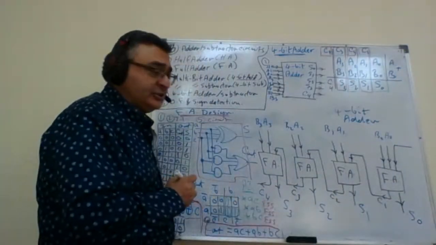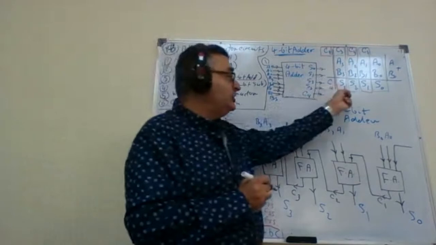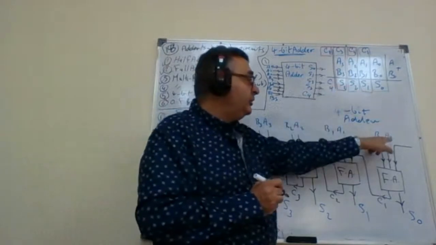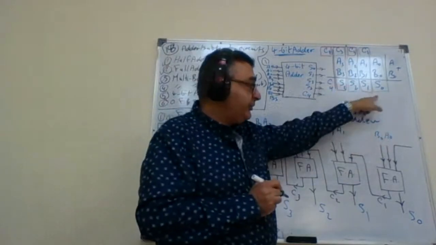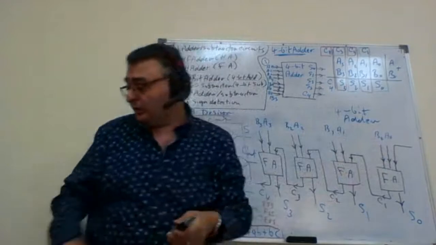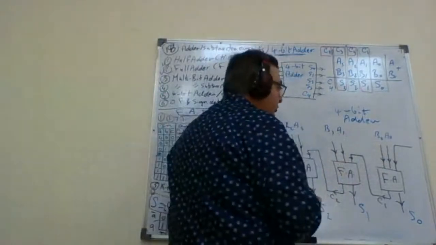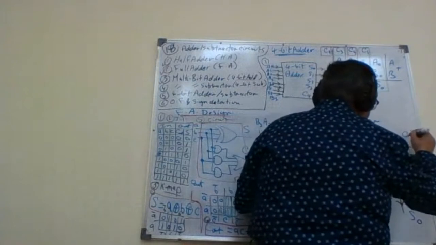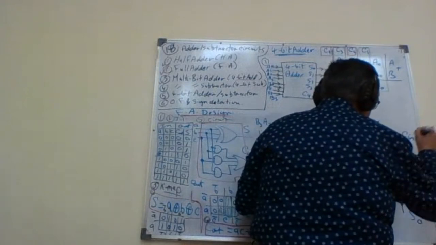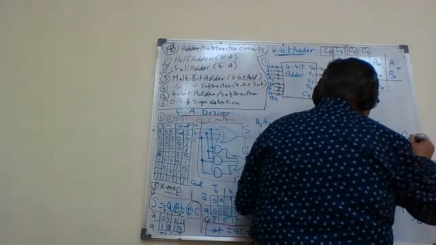So I have one extra input here. However, in the original equation, I have only inputs A0 and B0. So I will call this extra input Cin. And I will set its value to 0.